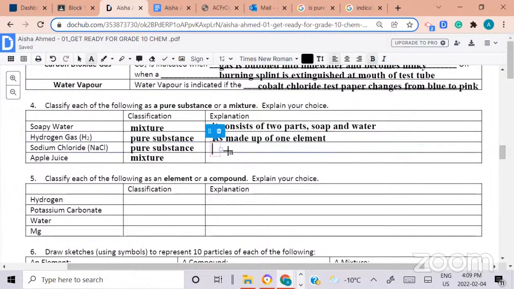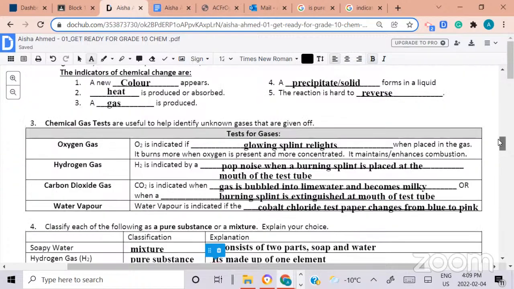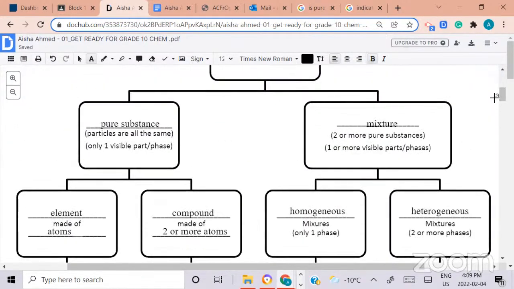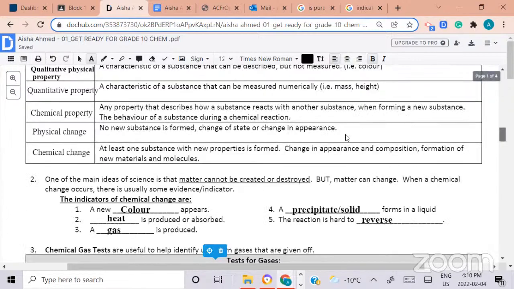Same response to the next one, right? This one is made up of 2 or more elements. Oh, this one's a mixture. No, it's a pure substance. Because look, go back to the definition of pure substance. It can be made up of 1 element, or it can be a compound of 2 or more atoms. But the main thing about a pure substance is that it looks like 1 part.